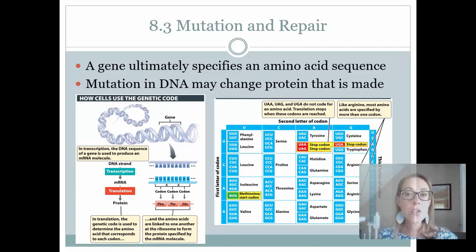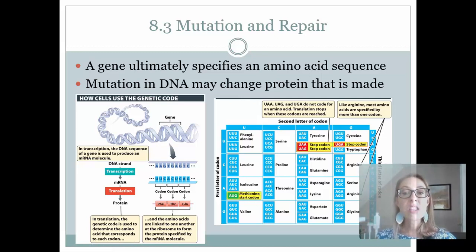I don't care that you can memorize any of these, but there are a few of them that I want to point out to you. We will practice using this code in a little while, but one of the codons that is special is the AUG start codon. That one you do need to know.